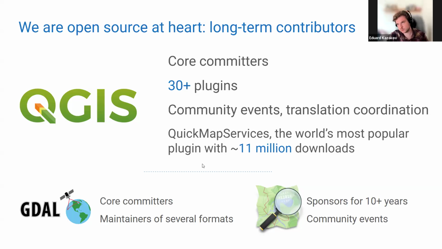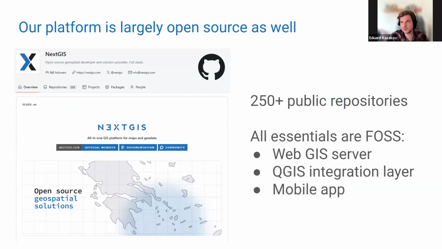But we not only support open source geospatial software, we also open sourced ourselves. Our platform is largely open source. You can find our GitHub account, NextGIS, and we have more than 250 public repositories, and all essential software, applications and services we develop are open sourced. Our Web GIS server, which I will demonstrate today, is open sourced. Our QGIS integration layer is open sourced. Our mobile applications are open sourced.